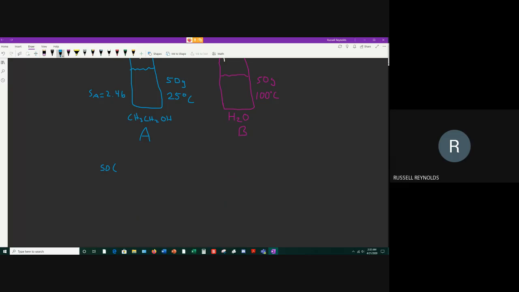So we'll have that 2.46 here, and that's our S for ethanol. And like I said, specific heat will be different for each compound that you use in these kinds of problems, and it will always be given to you. So S will always be given to you.